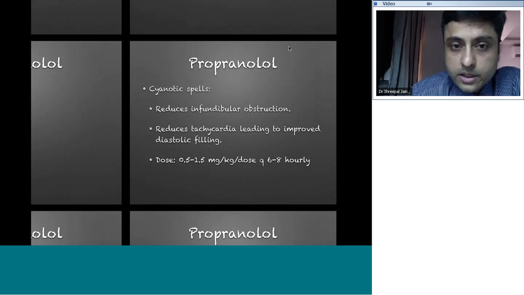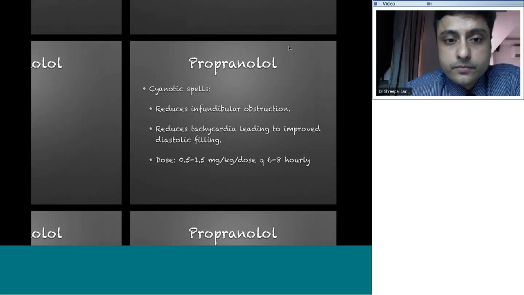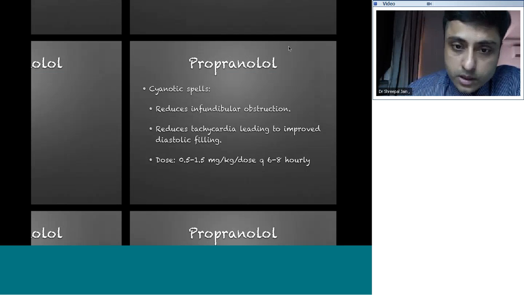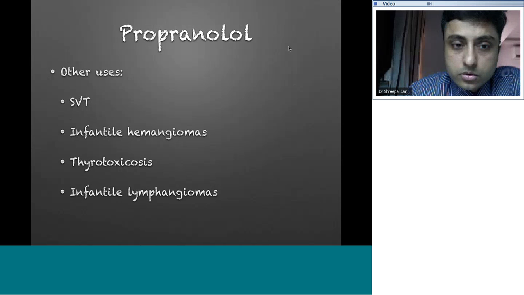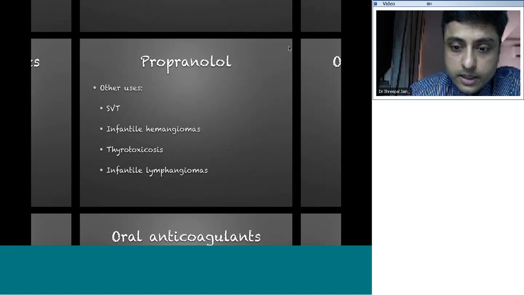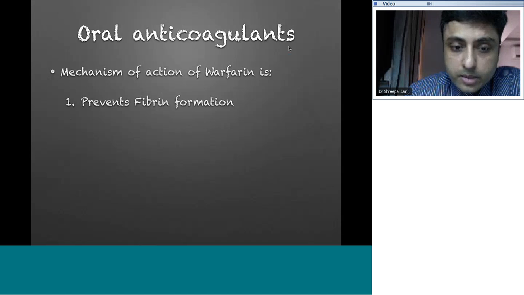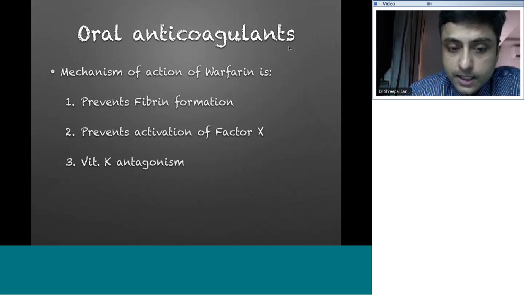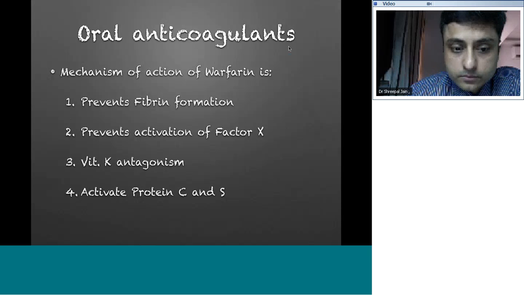The next set of drugs, oral anticoagulants. So what is the mechanism of action of warfarin, the most commonly used drug in this subset? So does it prevent fibrin formation, or does it prevent activation of factor 10, or is it because of vitamin K antagonism, or does it activate protein C and protein S?